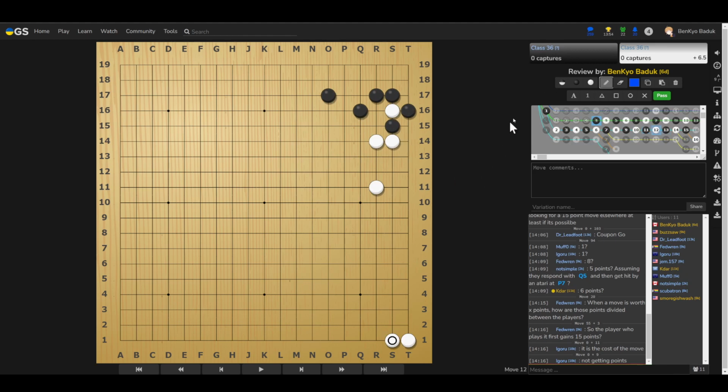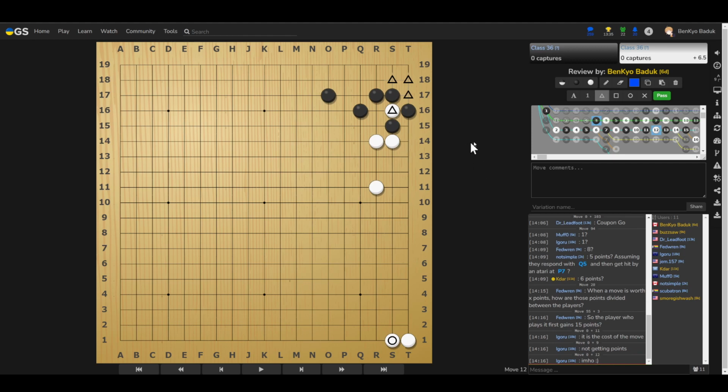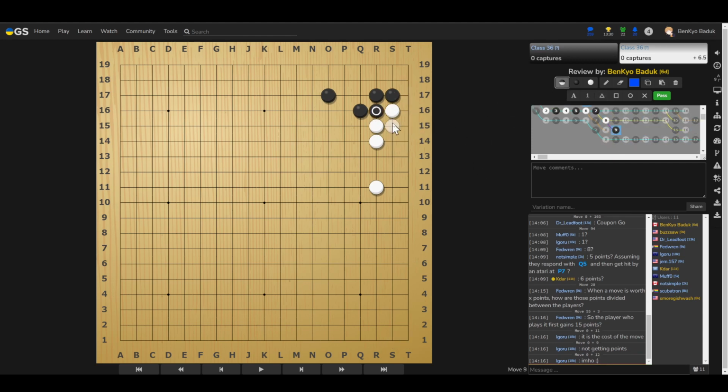For example, here, if we only count what black gains, then black saves these 2 points from white's reductions if white saved their 1 stone. And then there's also this point and these 2 points, right? So if we only looked at black, it would be 5. But if we look at white, it's another 5. So it's going to be 10, right? If we look at what white gets when white saves it, then compared to what we just saw, white has these 5 that are saved.